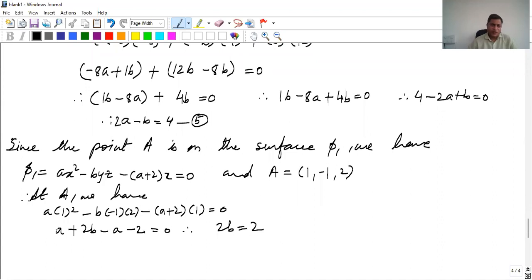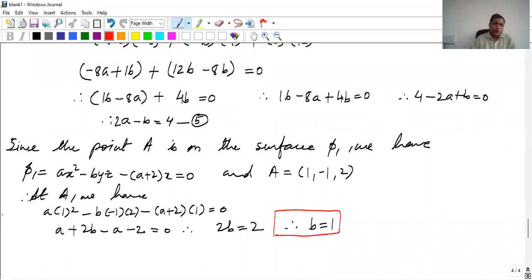Are you getting this? Because this is a, this minus a, it will be 0. 2b is equal to 2. Can we write b is equal to 1? Yes, sir. Okay, we can write b is equal to 1.